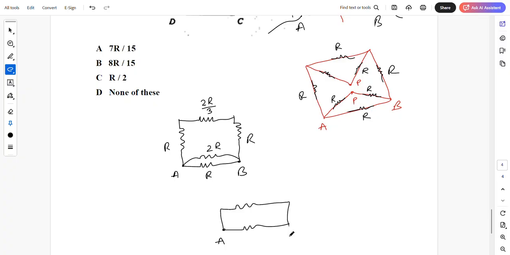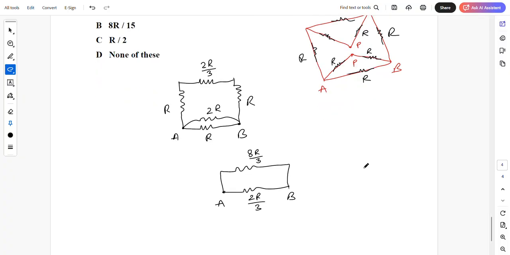Between A and B, 2R in parallel with R is 2R by 3. This is there. And what about this one? 2R plus 2R by 3 becomes 8R by 3, right? 8R by 3, okay?